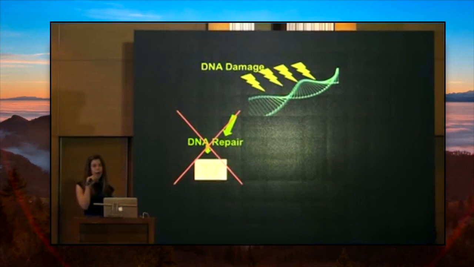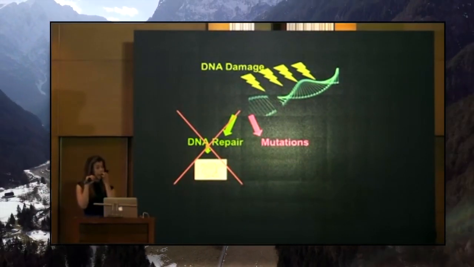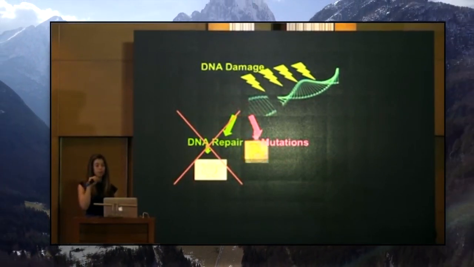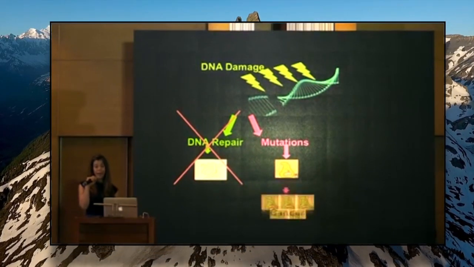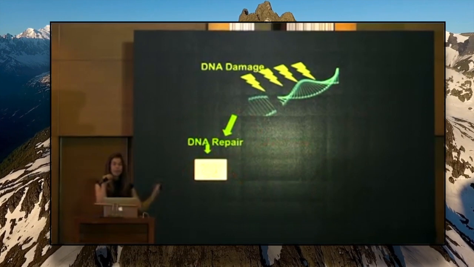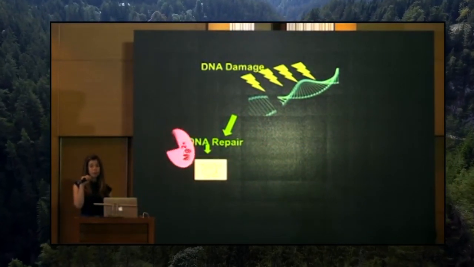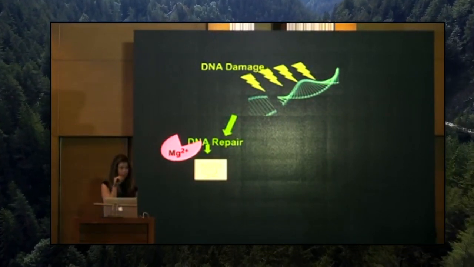However, if your DNA repair pathways are not working properly, the DNA damage will not be repaired, and this can lead to mutations that could potentially lead to an unhealthy cell, and those unhealthy cells can replicate and eventually form cancer. So DNA repair enzymes actually require magnesium as a cofactor. They need magnesium to be able to repair damage to DNA.